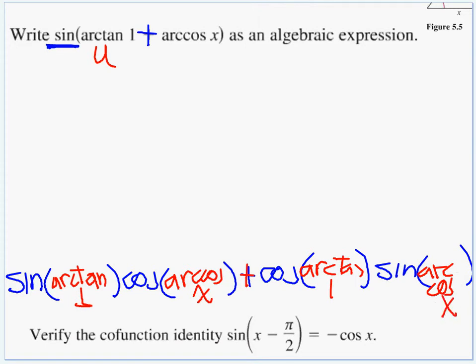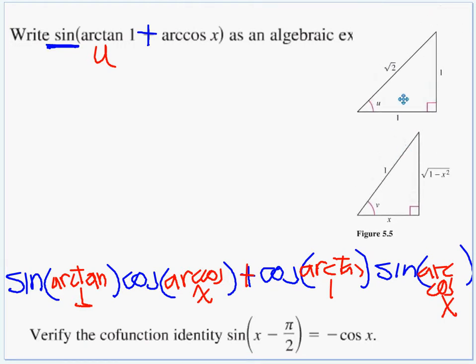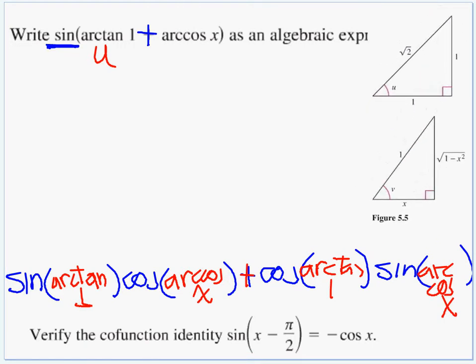cos of x. Now let's do these purely off the triangles, because in the example we didn't exactly. Let's see here for the arctan 1, that'll be this top triangle. I'll put a little red in there to go with this red part right here. The sine at that triangle. Well, sine is opposite over hypotenuse. Opposite is 1, hypotenuse is root 2, so this all will turn into a root 2 over 2 when we rationalize.